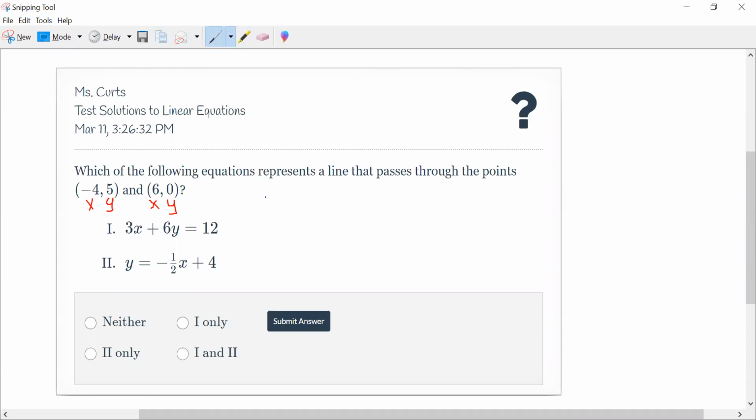So first we'll test the first equation. So we'll try the first point, -4. And the second point, and the y is 5.